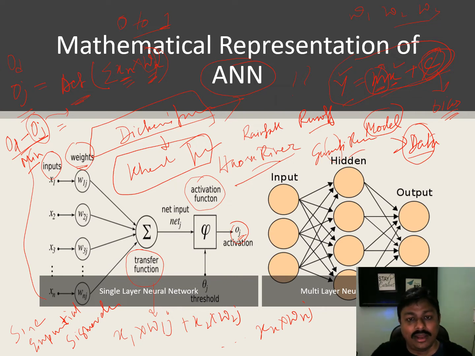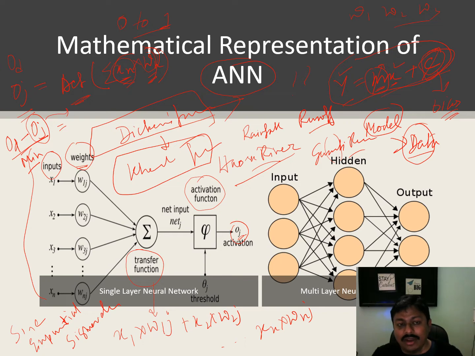There are various algorithms for this, and what those algorithms do is change the value of the weight and try to predict new values of OJ for the same value of input.